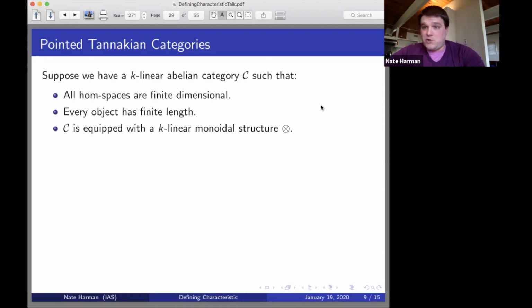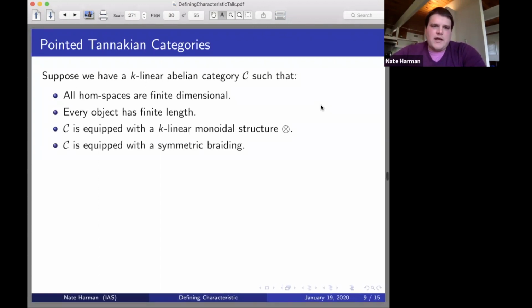Great. We have a monoidal structure, and it's a k-linear monoidal structure, so it's suitably bilinear. All right, it's symmetric, so it has a symmetric braiding. So we have a nice way of making V tensor W isomorphic to W tensor V, such that if we do it twice, we just get the identity. It's rigid, which means there's a notion of duals.